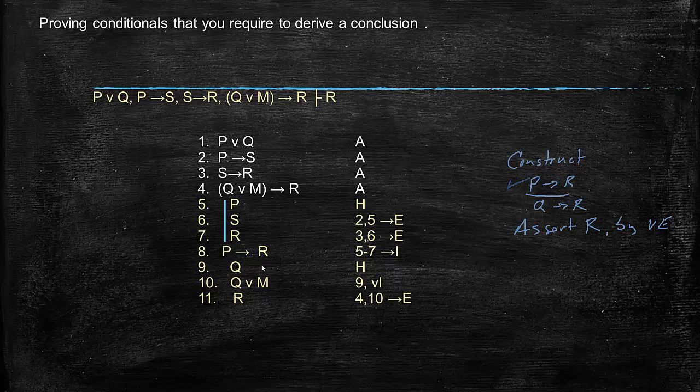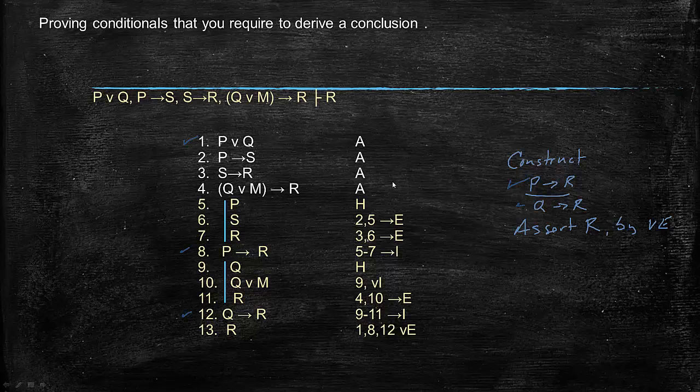So now you have demonstrated that if Q then R, and so you can write if Q then R and discharge that hypothesis. So now you have if P then R, and you have if Q then R, and you have your original disjunction, right? And so by 1, 8, and 12, you are permitted to assert R by or elimination, and you're finished.